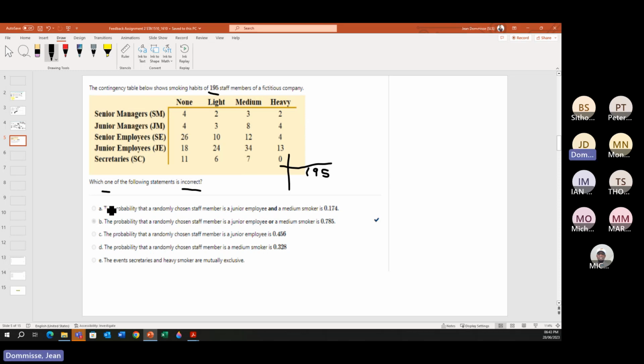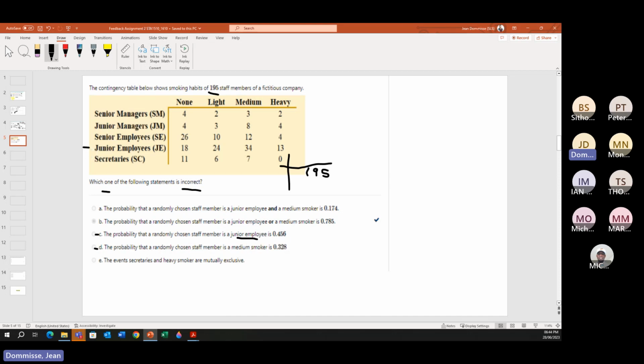and then, if needed, add totals to it. So let's look at the ones where we only need to look at a random person chosen. I'll first look at C and D. The probability that a randomly chosen staff member is a junior employee is 0.456.